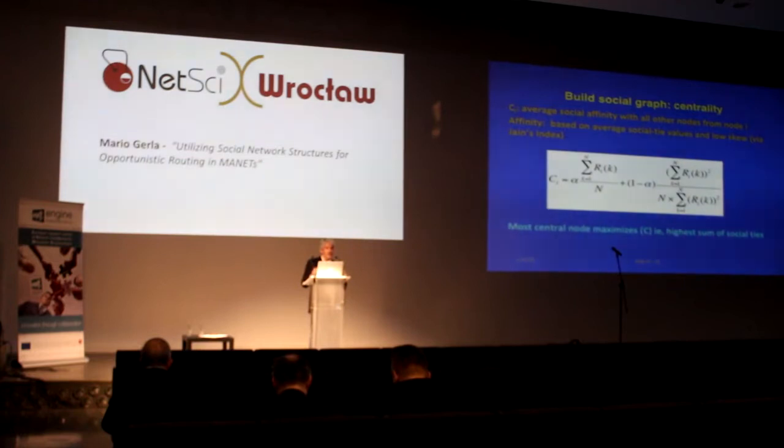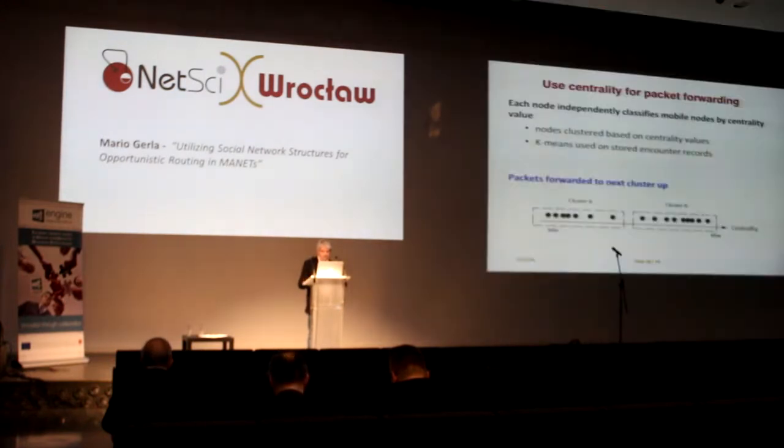So each node computes it, and then when they meet, they exchange it with each other. In fact, each node independently, as it meets other nodes, learns about their centrality, and it organizes the centrality of the nodes that it has met so far.